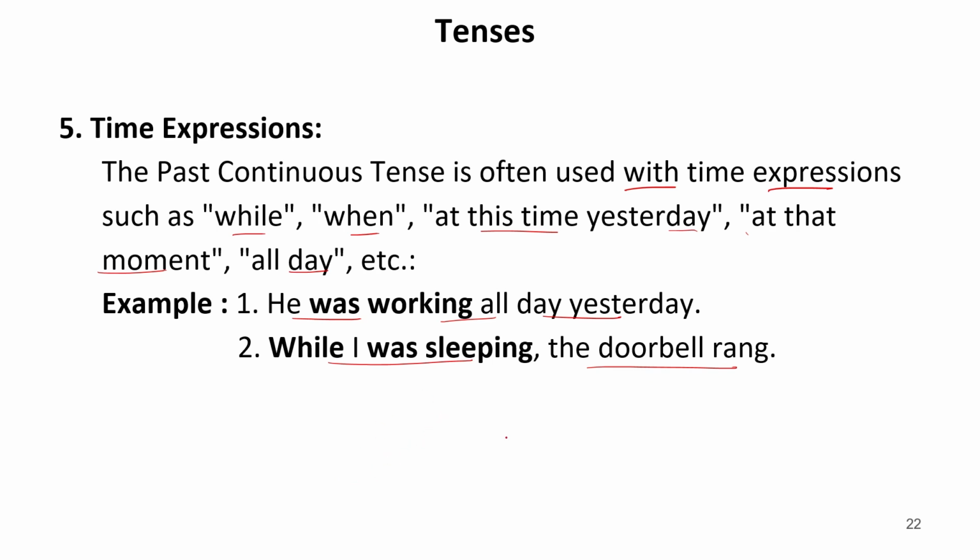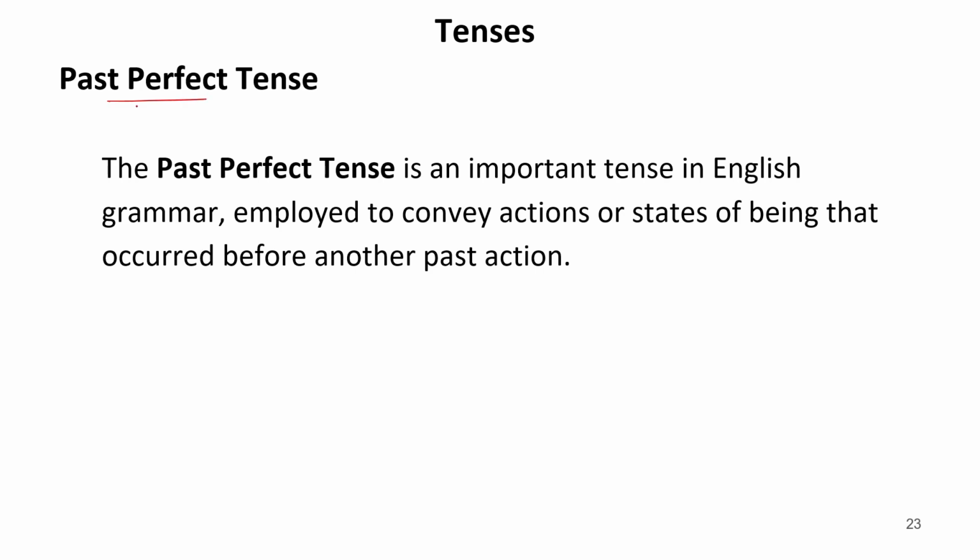Now we have past perfect tense, another very, very important tense of past. Past perfect tense is used to show actions that had happened before some time in the past or before some action that took place in the past. Suppose we have two actions, first action and second action.